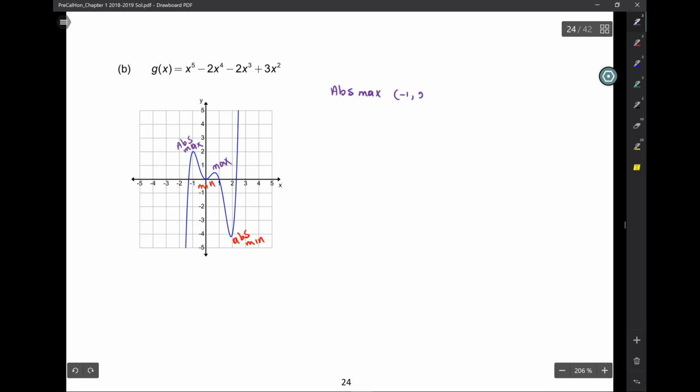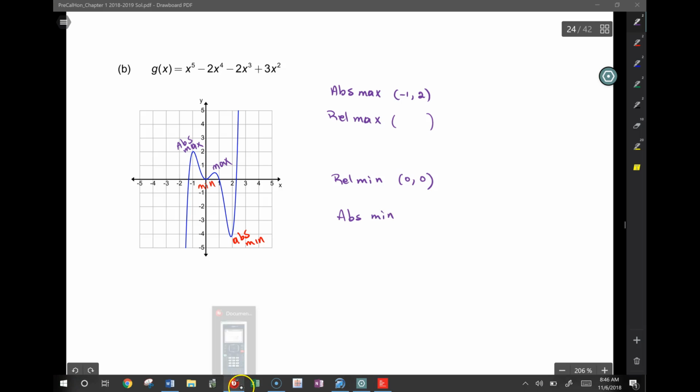All right. So we have an absolute max at (-1, 2). We have a relative max where we can eyeball. Or you know what? Let's not eyeball. We'll do it with the calculator right now. There is a relative min at (0, 0). And then there is an absolute minimum here, but I want to use the calculator for that one as well.